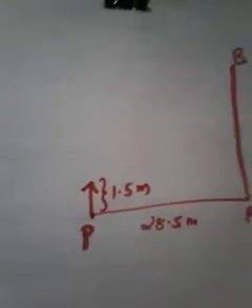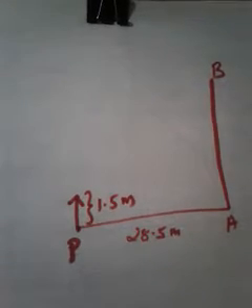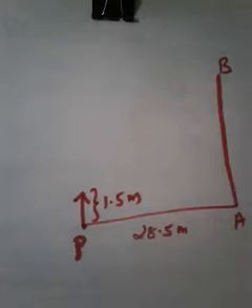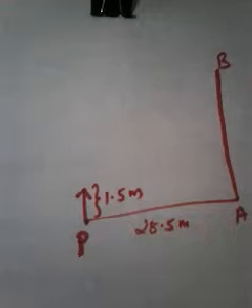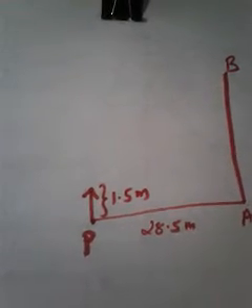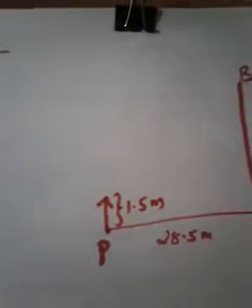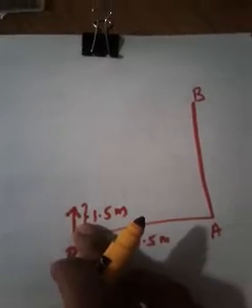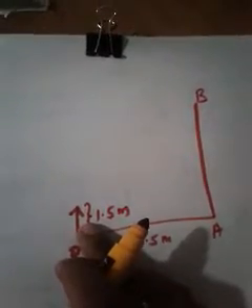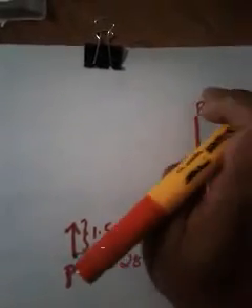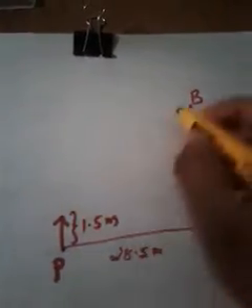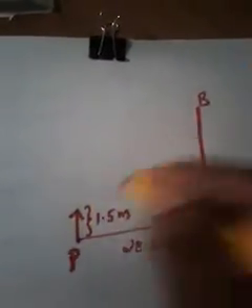Read the next line. The angle of elevation of the top of the chimney from her eyes is 45 degrees. Again, it is not he, it is she. So she wants to see the top of the chimney, and you are supposed to draw her line of sight. See, this is her line of sight when she sees the top of the chimney.